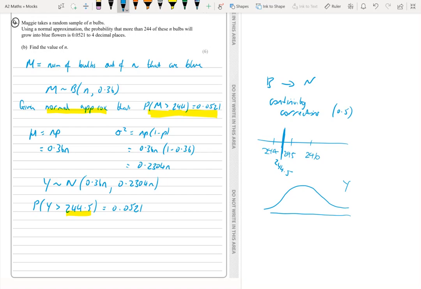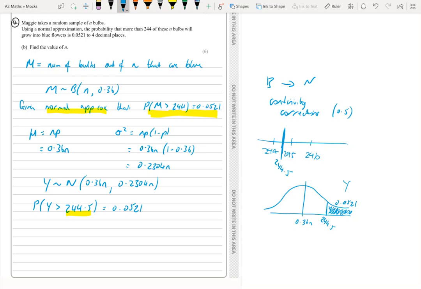Y distribution has a mean of 0.36n. I'm not going to copy the distribution again. But we're told that the probability of being greater than 244.5, so this area, this probability here, is 0.0521.